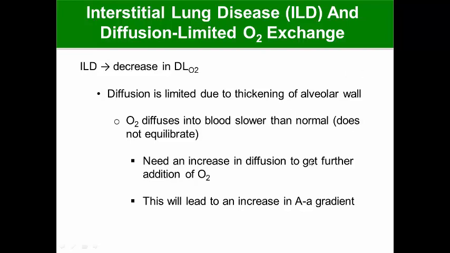So we will have an increase in the gradient in the partial pressures of oxygen in the alveolar air and in the arterial blood.